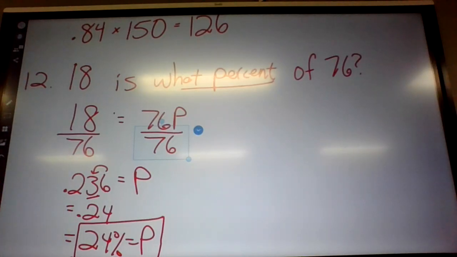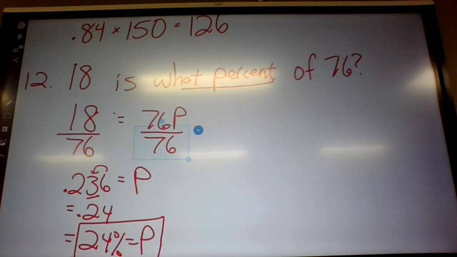Okay, so on number 16, 482 is turns into, no, the word is equals. What percent turns into P. Of turns into times, and then the 24.